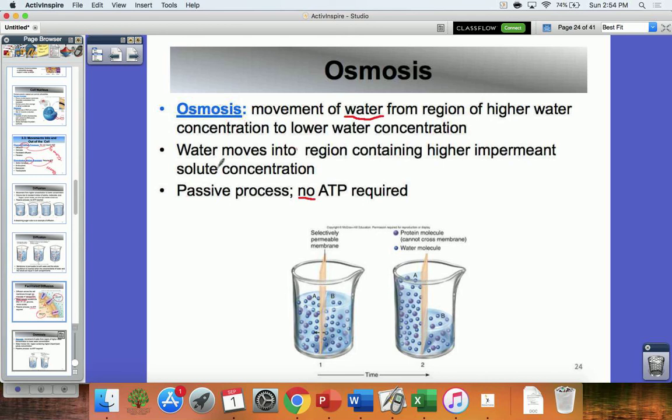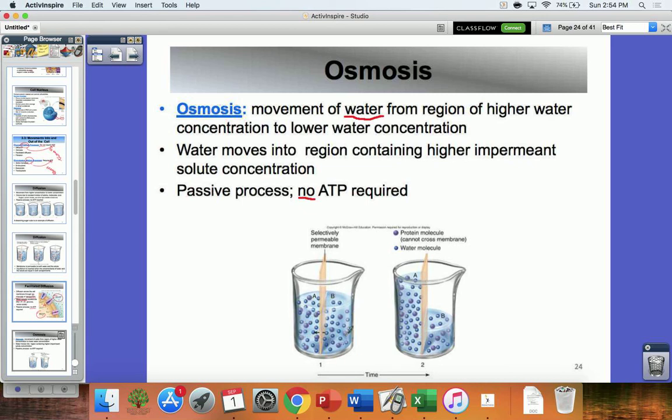For instance, if we're looking at this beaker here, we have a protein molecule that cannot cross the cell membrane, that selectively permeable membrane here. The blue is the water molecule that's here. And so high concentration of solutes are on this side.